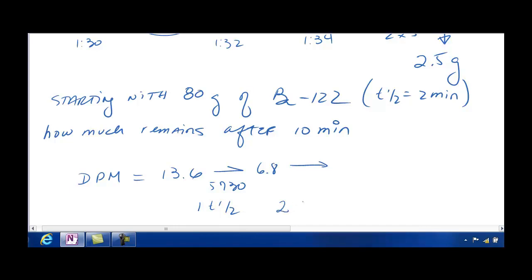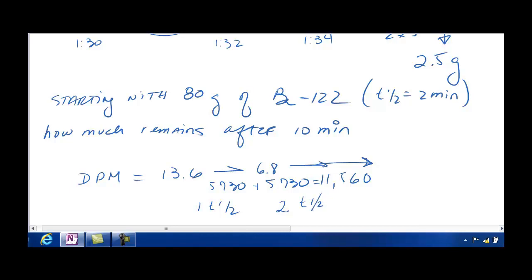Half-life number 2. So it's 5,730 plus another 5,730, which gives me how many years? 11,460 years. Half-life number 2.